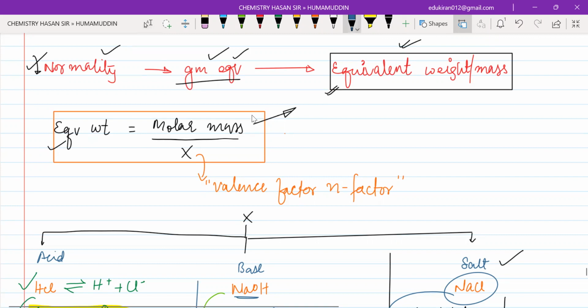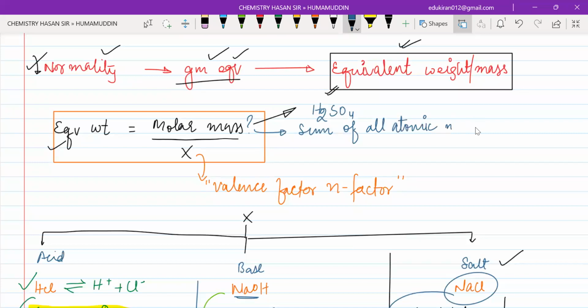Okay. Can you solve the molar mass? Like, what is the molar mass of H2SO4? Basically, molar mass is the sum of all atomic mass in a molecule. Yes, sir.